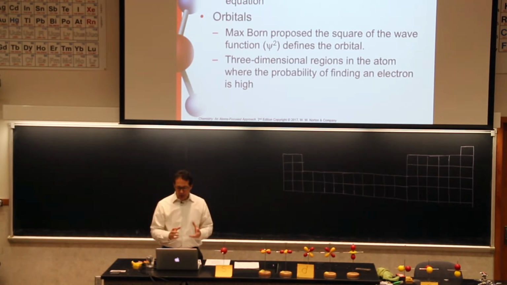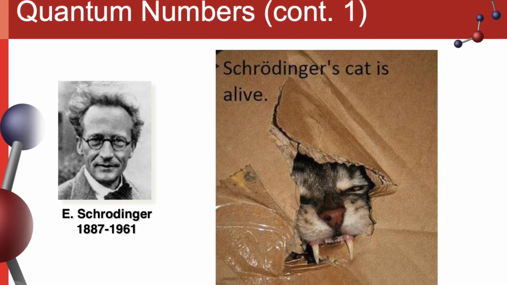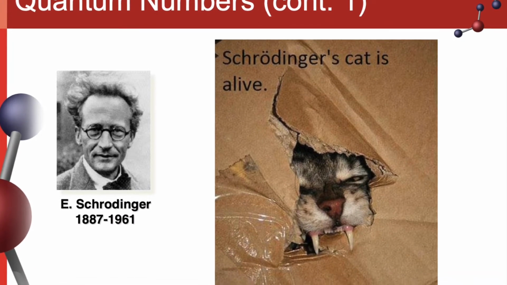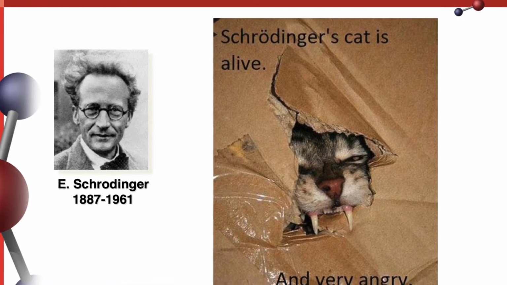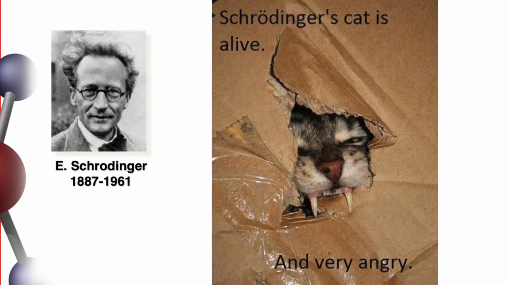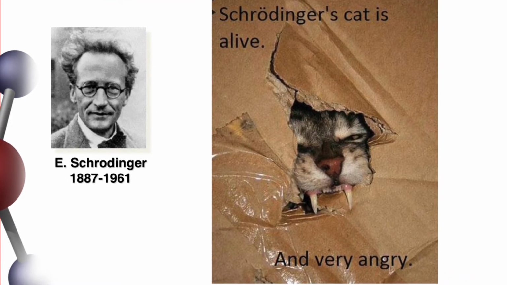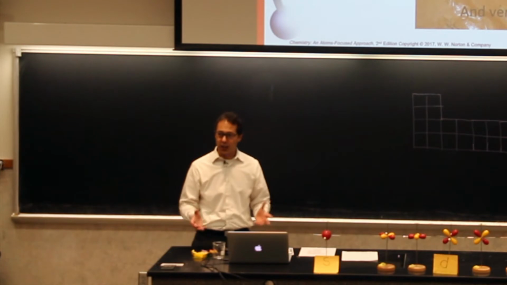This is referred to as Schrodinger's cat. You may have heard of Schrodinger's cat. People use this to explain how something could be both one thing and another. So if you're ever in a conversation and somebody asks you something, you could say, well, like Schrodinger's cat, I found him both intriguing and really annoying.